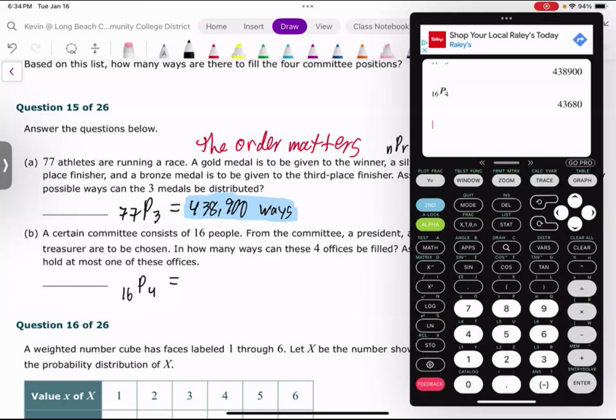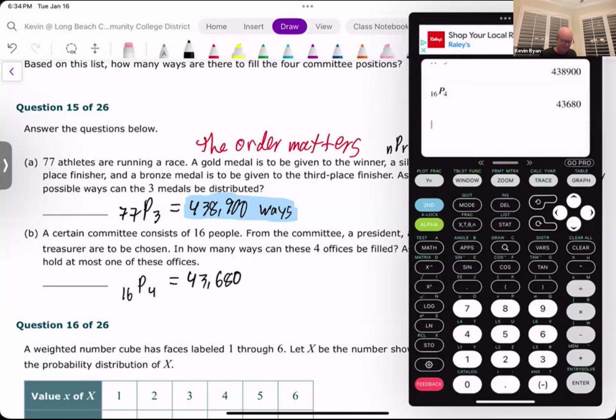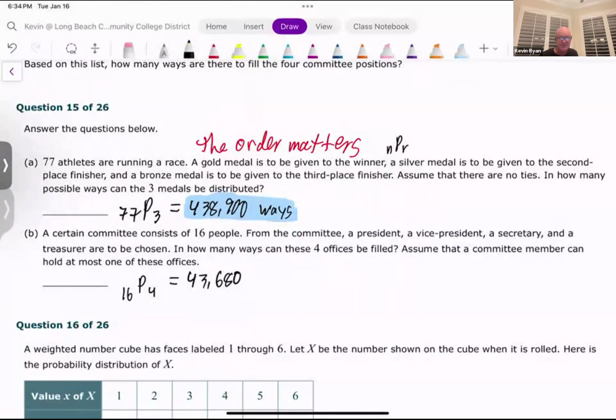So if it says there's a special condition, is that permutation? Often, yes. You can see how non-committal I'm being with my answers. Because as soon as I say yes, it's every time, then someone shows me a counterexample. These are this many ways.